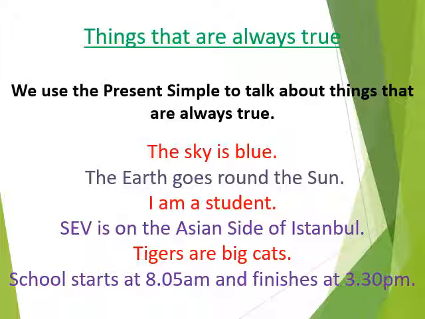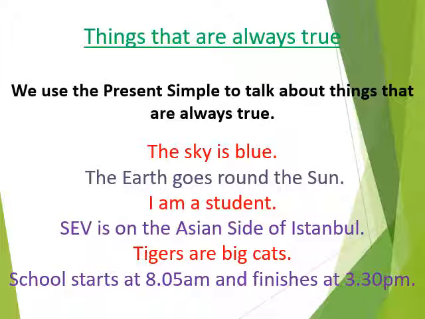We also use it for things that are always true, something like the sky is blue. The sky is always blue. And the earth goes around the sun. It's something that always happens. I'm a student.